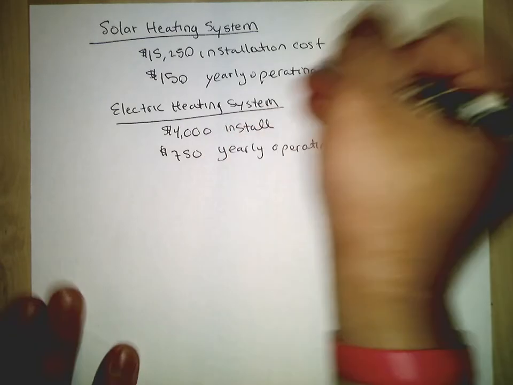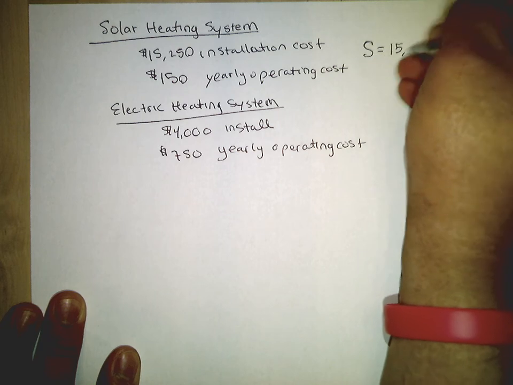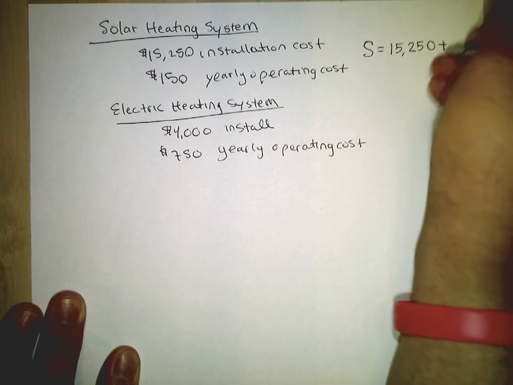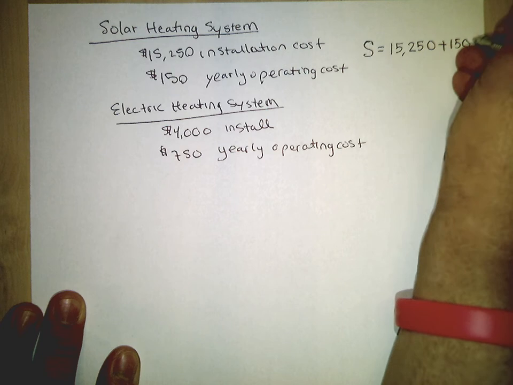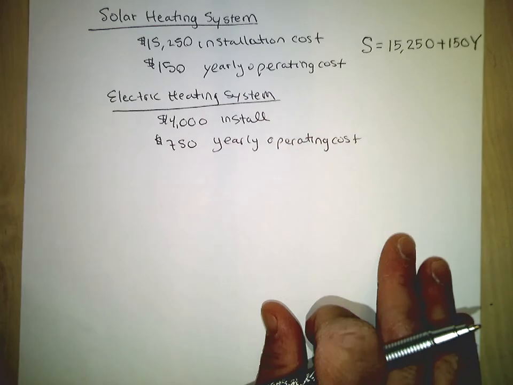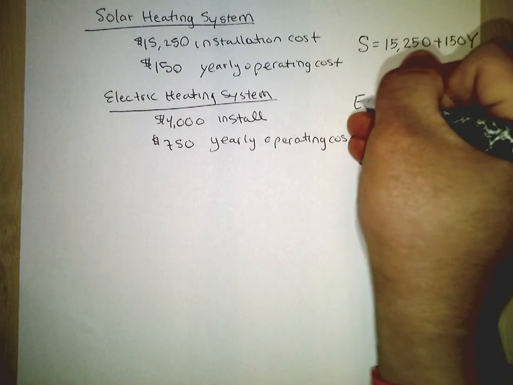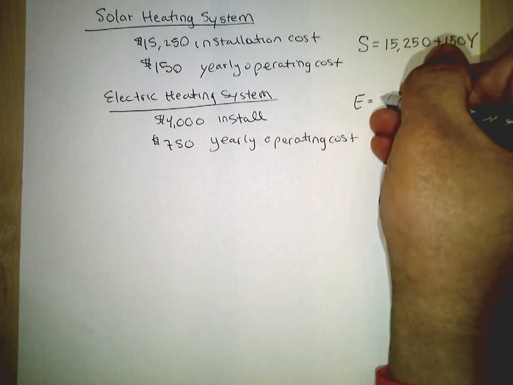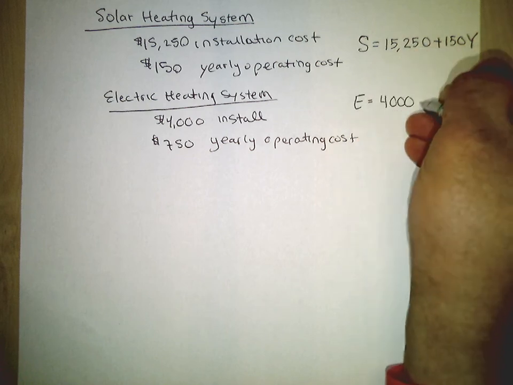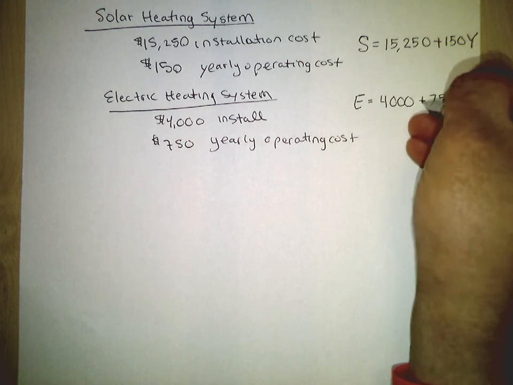So the solar heating system, S, is $15,250 plus 150y for the number of years, like how much it costs per year. And the electric heating system is $4,000 to install plus $750 per year.